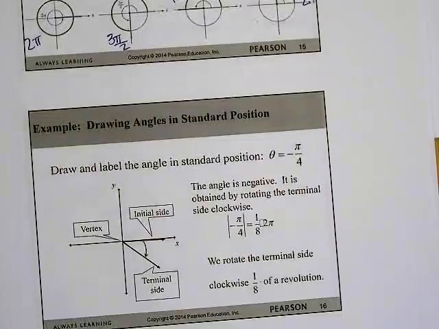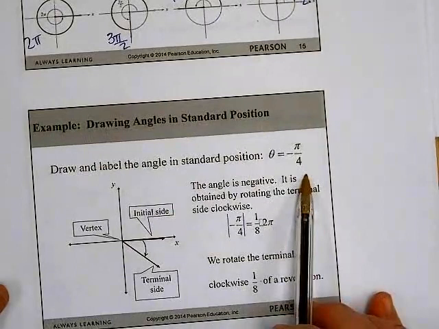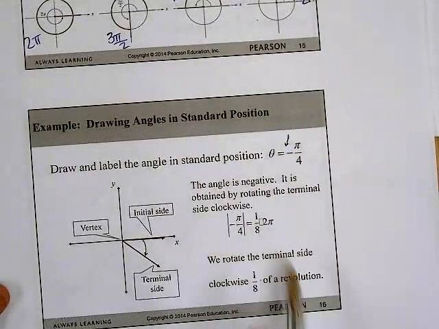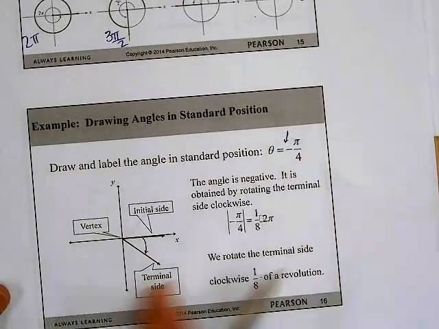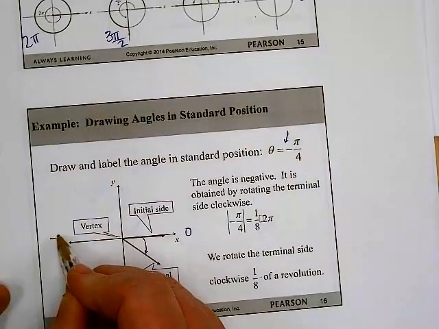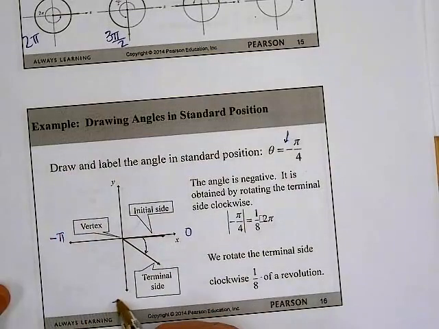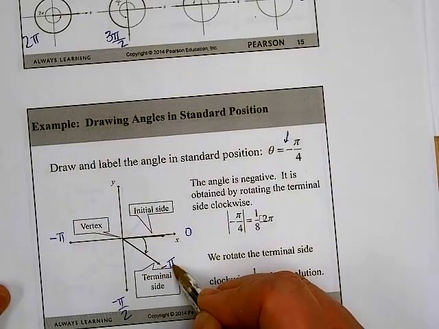Draw and label the angle in standard position if theta is negative pi over 4. Well, if it's negative, it's going to be going clockwise, and you're going to go 1/4 of pi. Well, I always like to think to myself, okay, that's 0, that's negative pi, that's negative pi over 2, so that's going to be negative pi over 4.